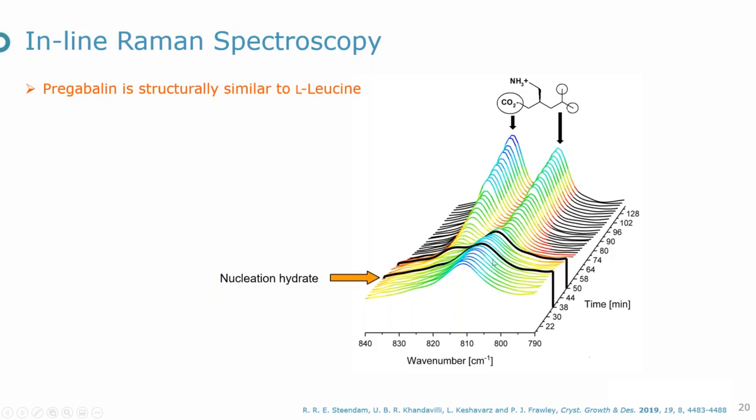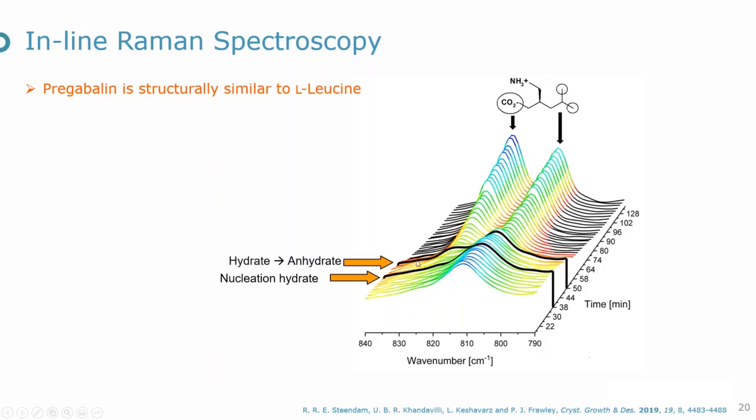And we noticed after a time that nucleation occurred, and we saw this because the shape of the peak became much narrower, and also it became a bit lower. And we saw also in the crystallizer that particles were formed.